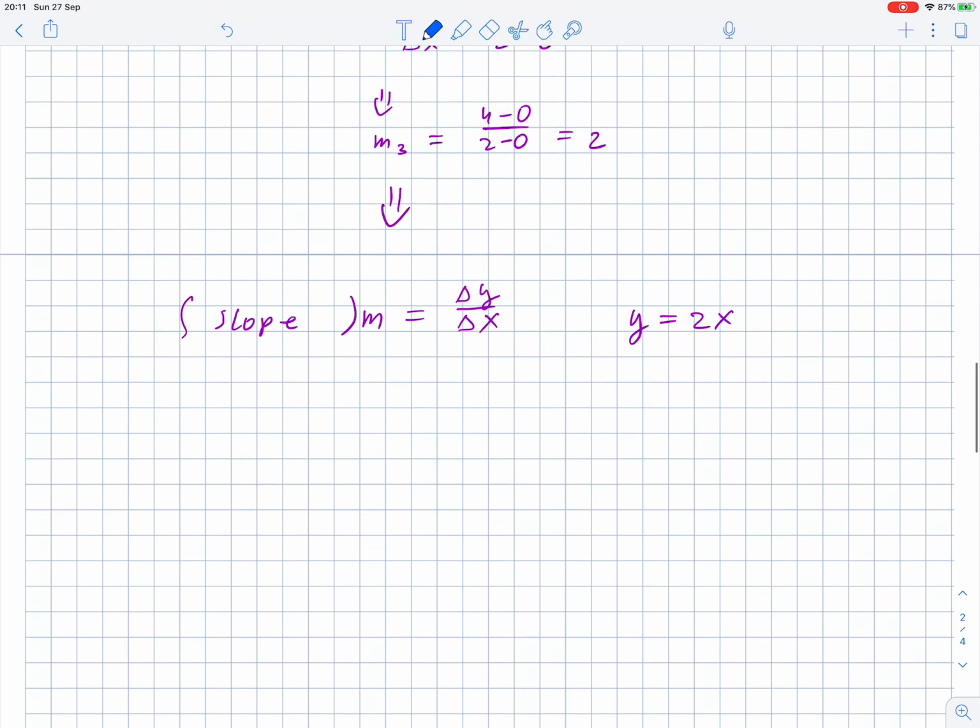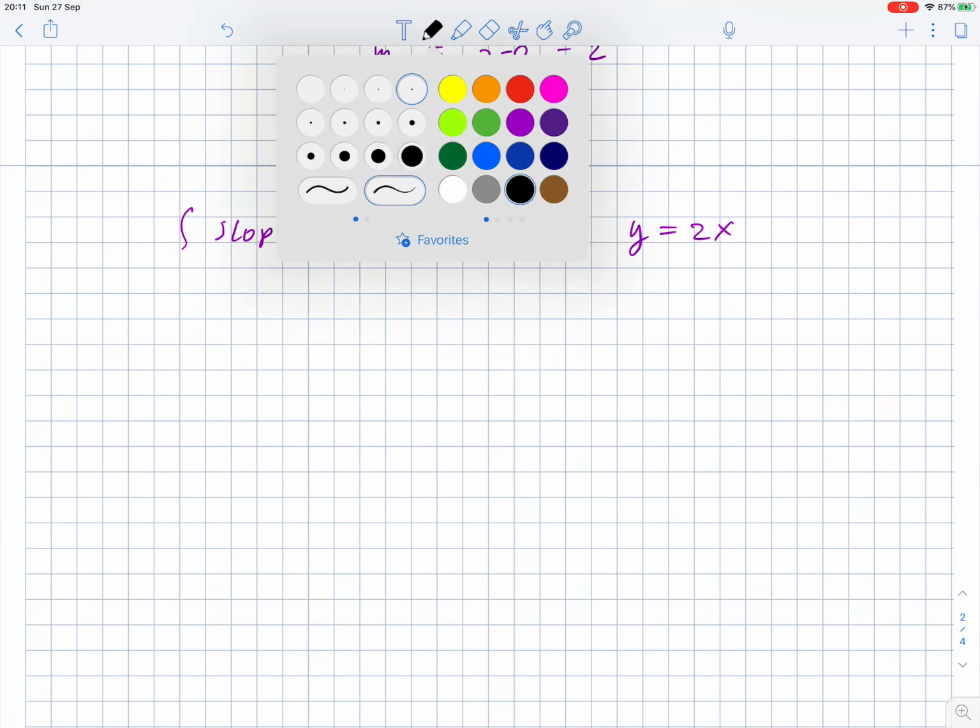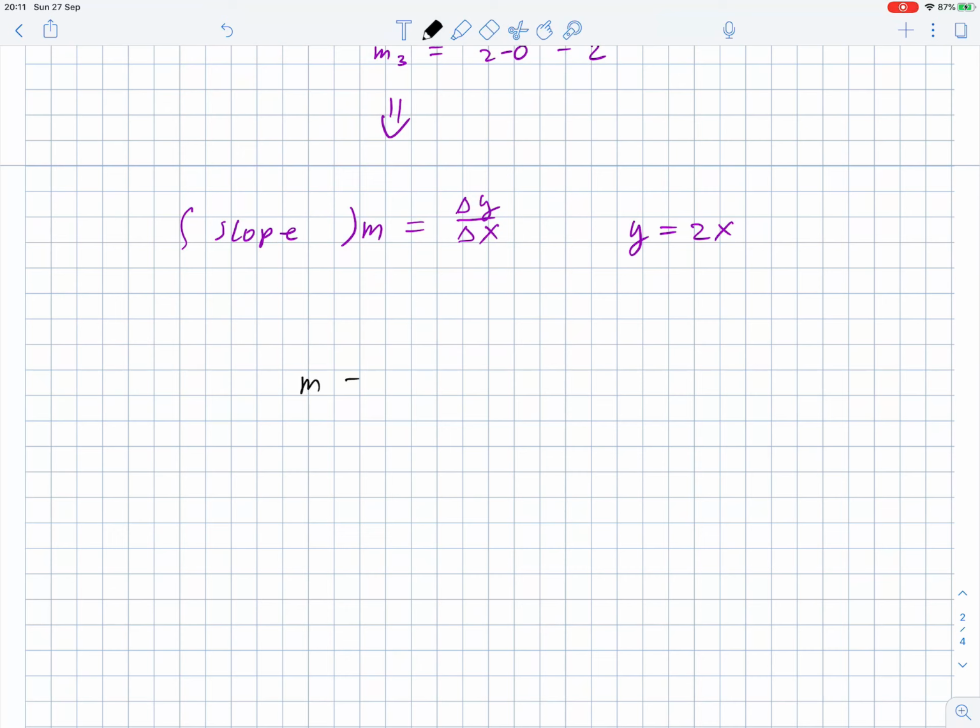No, let's rewrite this again. Slope m equals y2 minus y1 divided by x2 minus x1.